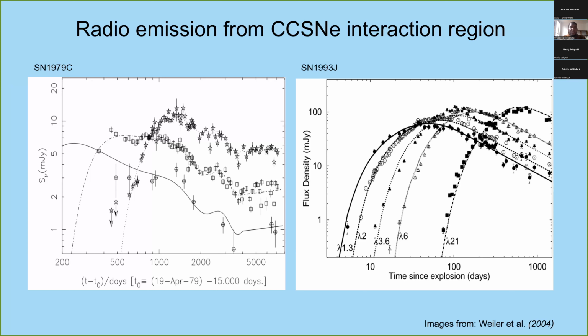Whether this was in a binary situation or episodic mass loss, how the star set up a circumstellar material like that, is still a matter of debate. But nonetheless, it is observed in some of the real observations of radio emissions.